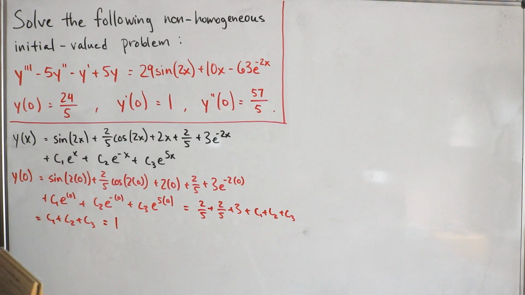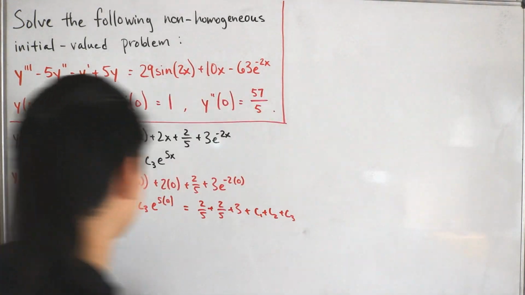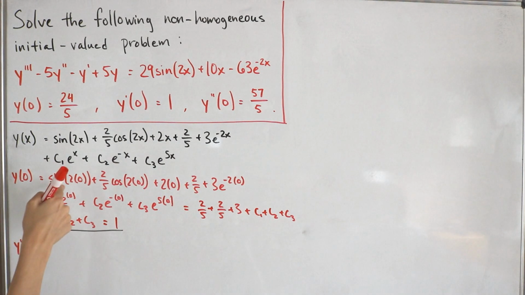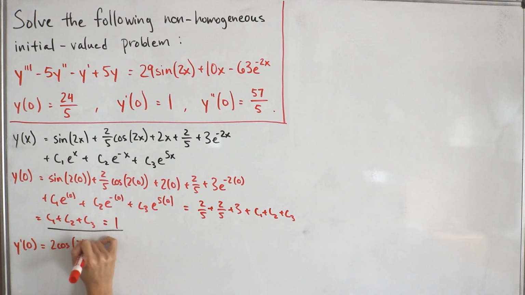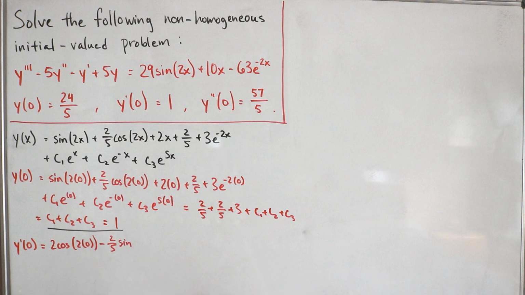So now let's move on to the first derivative. So let me first underline this. Now moving on, we have y prime of 0. If I plug this in, the derivative over here is just going to be 2 times cosine of 2x. We'll substitute that for 0. Then this is 2 divided by 5, and that will be sine, or rather, now that's going to be 4 since I have to multiply by the 2.